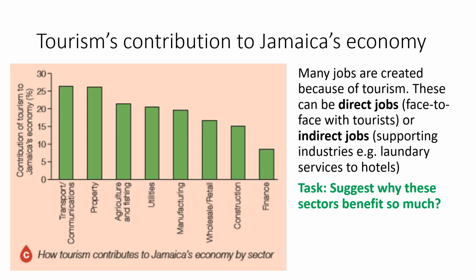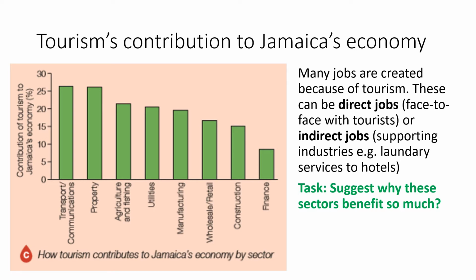Utility bills, because obviously the hotels and restaurants will be using energy and so on, so that will run up utility bills. Manufacturing, in designing and making products that might end up being sold to tourists, but also just the manufacturing of products that are needed in the restaurants and the hotels, and so on and so forth. So you've got all sorts of sectors of the economy which have been boosted simply because of tourism.